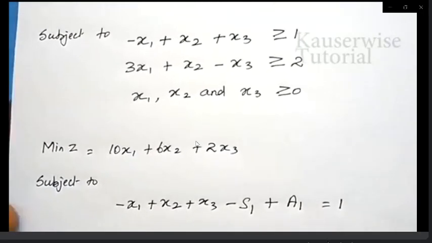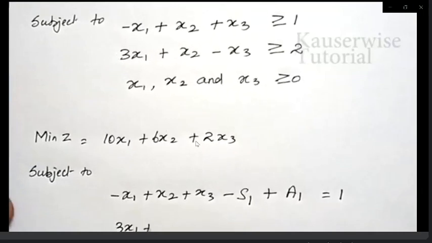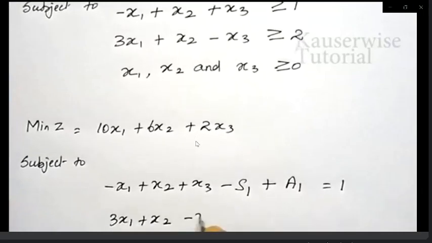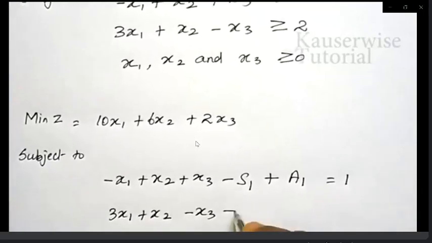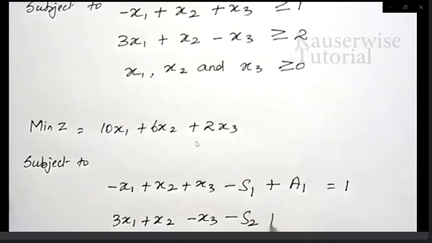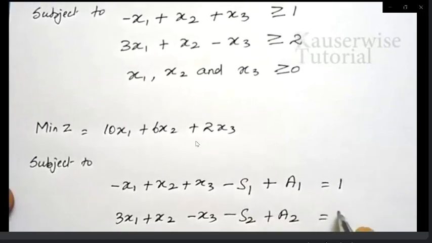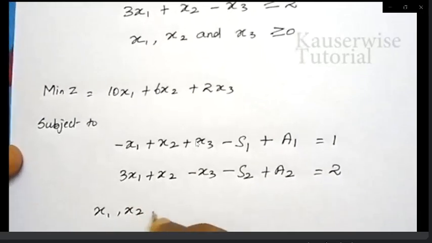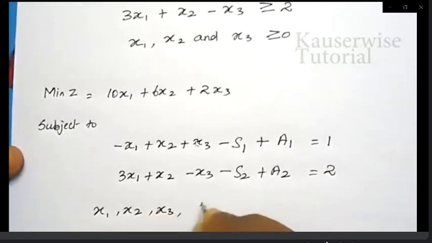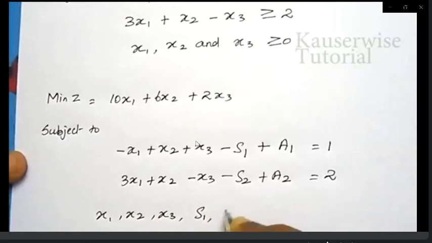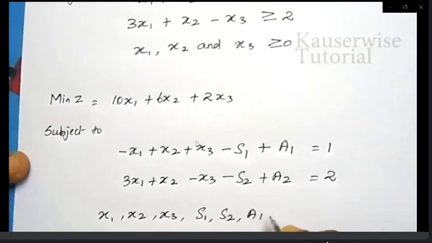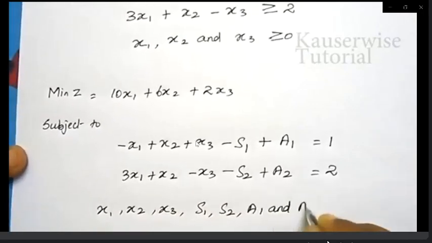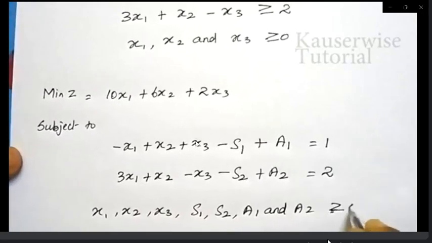Second constraint: 3x1 plus x2 minus x3, subtract a slack variable and add an artificial variable, equals 2. And x1, x2, x3, s1, s2, a1 and a2 greater than or equal to 0.